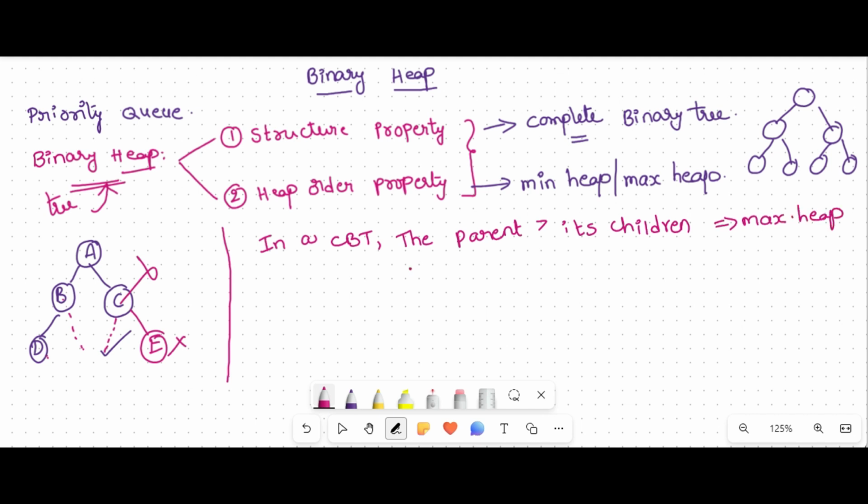If the parent is less than its children, then it is called a min heap. In a complete binary tree, if the parent is greater than its children, it is a max heap. If the parent is less than its children, it is a min heap.